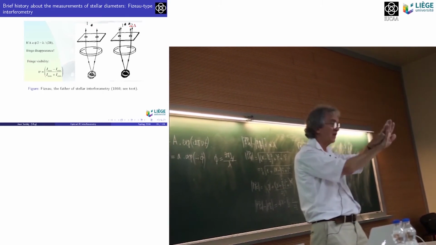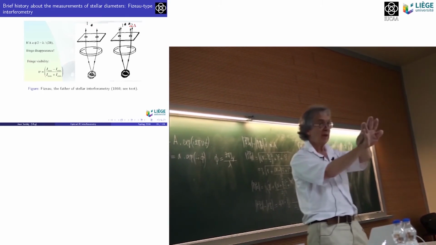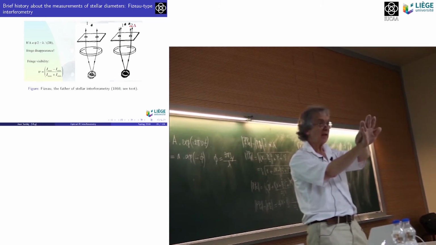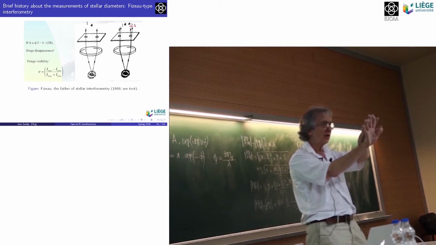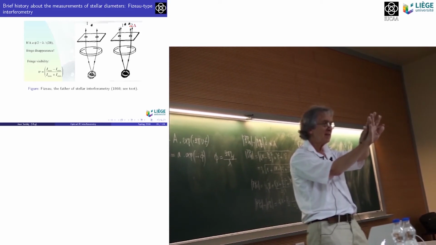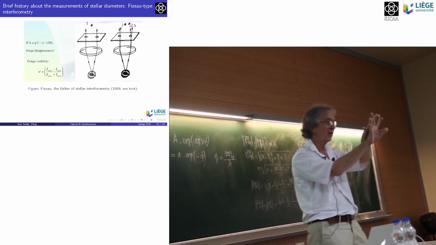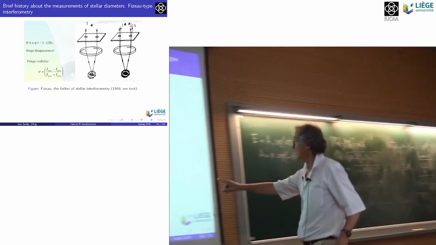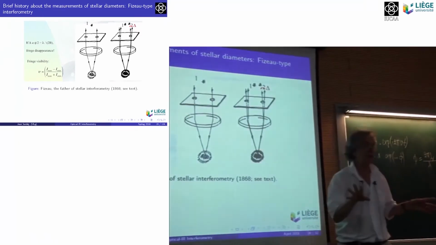Of course, you would still see this. Now, let's assume that I separate the stars by a very small angular distance, such that the maxima of one come into the minima of the second one. What would happen is that the fringes would disappear.